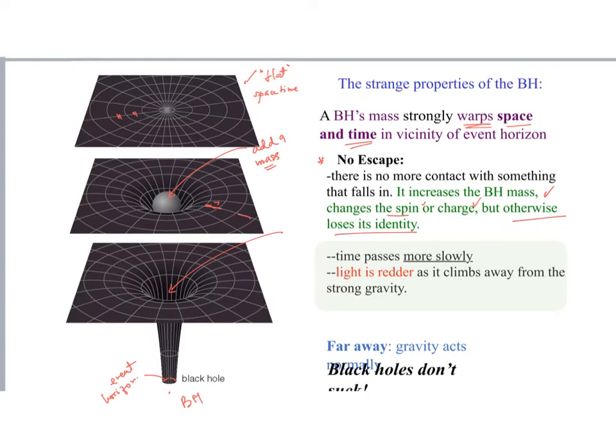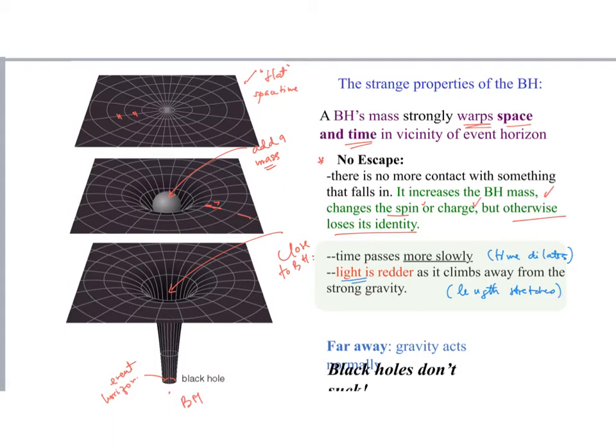All right. So that is close to the black hole, and close to the black hole there are some other things that happen, and we're going to go into a bit more detail about it. Time dilates, passes more slowly, and lengths stretch.